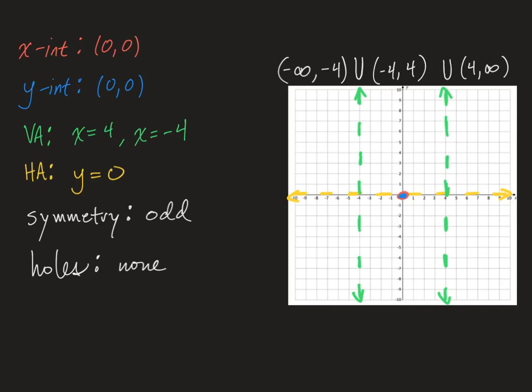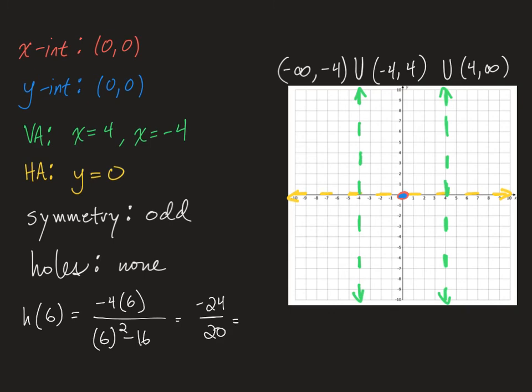We have to make sure, let's see, maybe we can start with negative 6. I'll tell you what, I like positives. Let's start with positive 6. Let's see what happens there. So we would say h of 6 would be negative 4 times 6 all over 6 squared minus 16. And that ends up being negative 24 all over, what is that, 20?